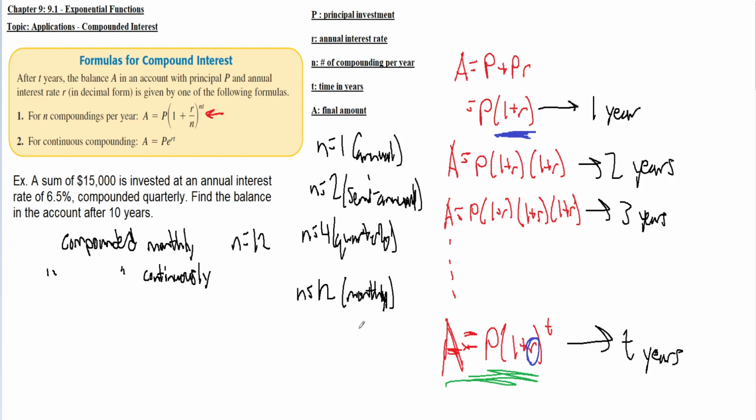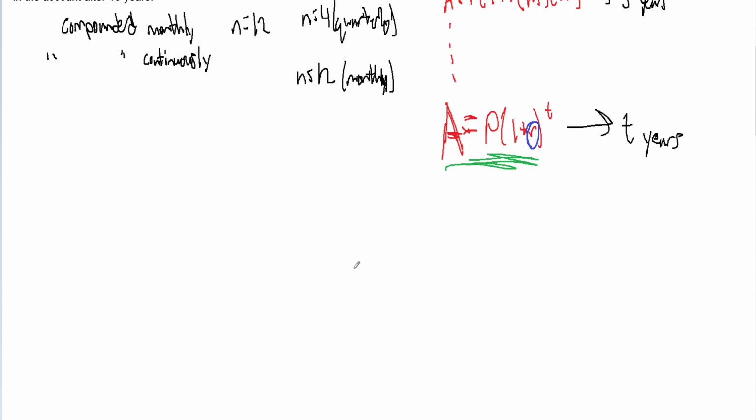The wording for these compounded interest problems usually gives you this information right from the start, so you know exactly what your end value should be. So if we're compounding for anything other than annual or continuous, then our equation becomes A equal to P times 1 plus R divided by n, raised to the n times t.